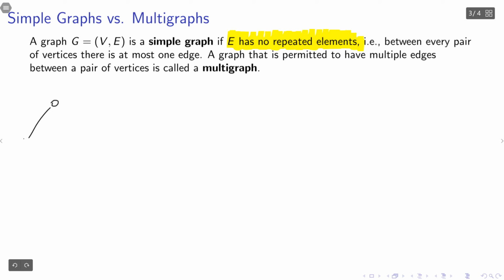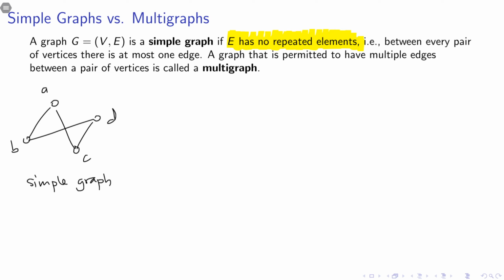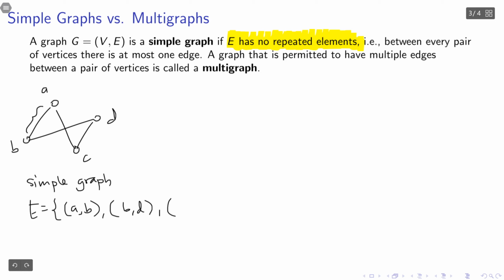Right, and so in the graph that I drew on the previous slide there, it was A, B, C, and D. This is a simple graph because between any two vertices, there is at most one edge. Right? So if there's already an edge from A to B, then you can't have any more edges from A to B. Right? So if you, again, write your set E in that case, it will simply contain each edge once.